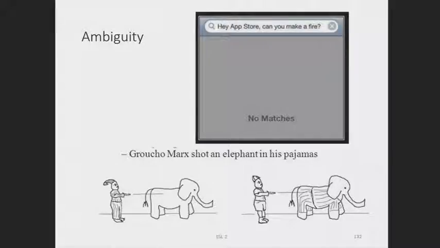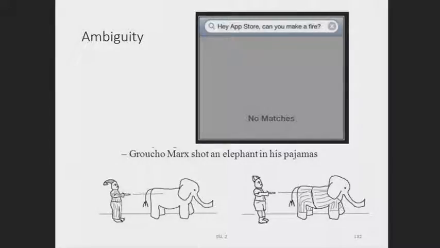So we can parse in his pajamas as being part of the noun phrase, an elephant in his pajamas, being an embedded prepositional phrase that modifies the head. Or we can parse it as Groucho Marx having done that whole thing in his pajamas, and then it's more part of the verb phrase rather than part of this noun phrase.